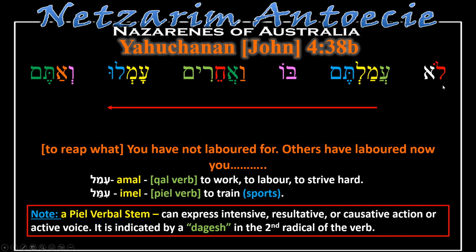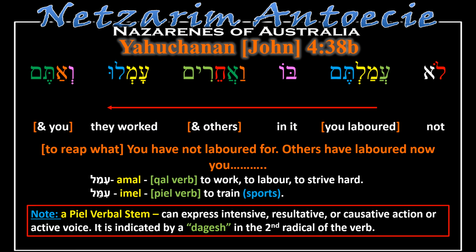And so we read it. Lo amaltem bo va'acherim amlu ve'atem. And of course the translation: not you labored in it, and others, they worked, and you. And I've now given you also the note down here, a PL verb stem, and that's what we come across quite often, where we have either a kal or a PL verb.